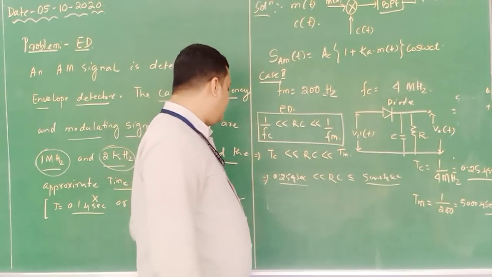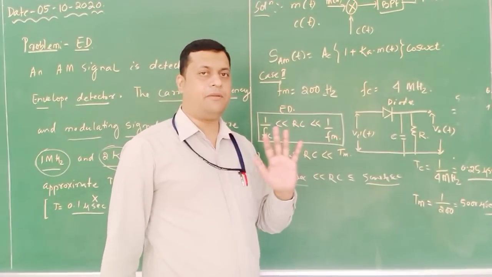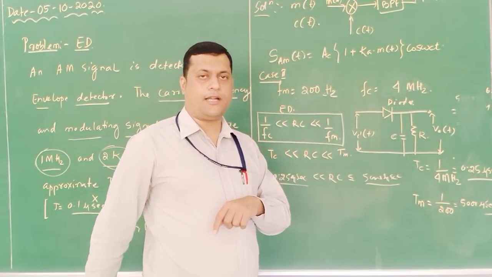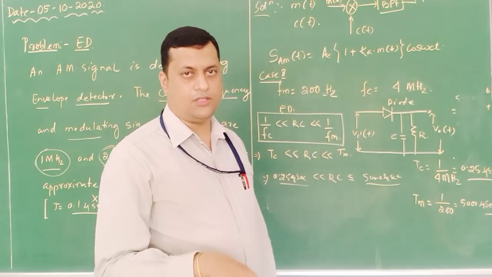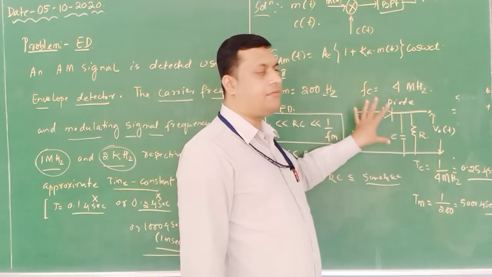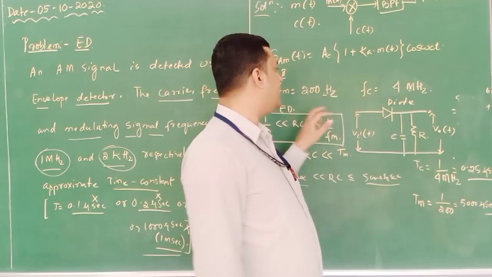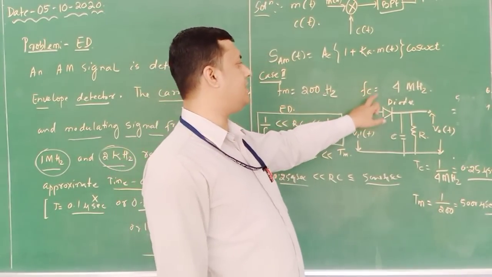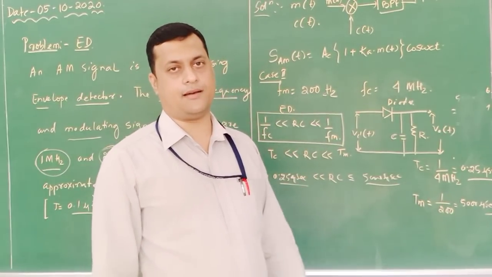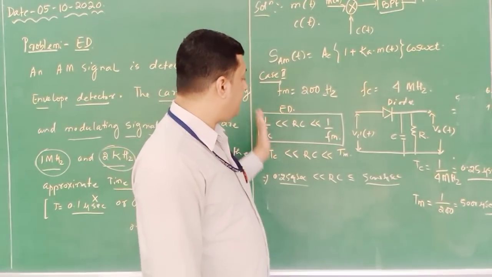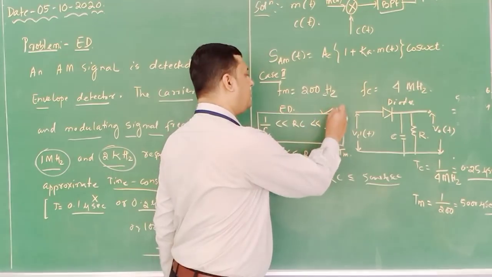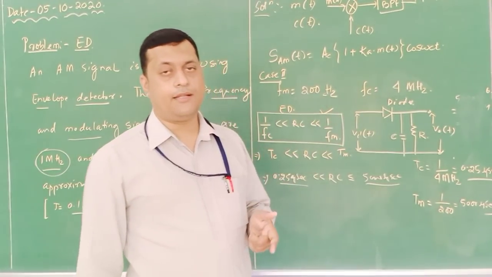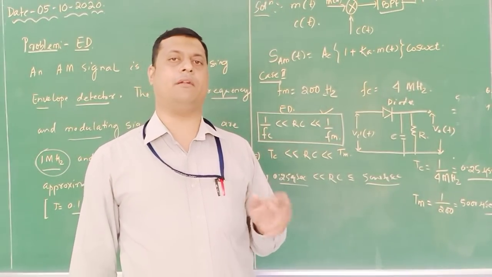So the two time constants which can be assumed for the design of this envelope detector, for fm equal to 200 Hz and fc equal to 4 MHz, we can identify with the help of this relation.